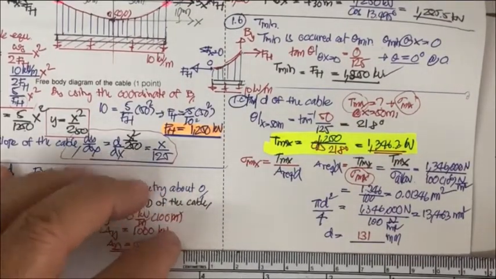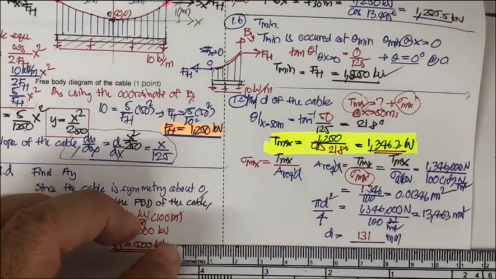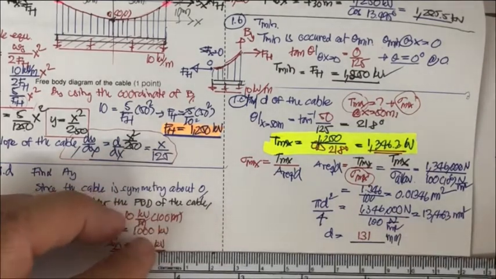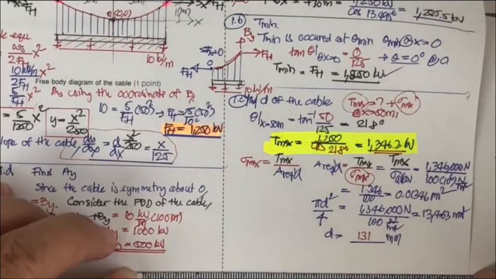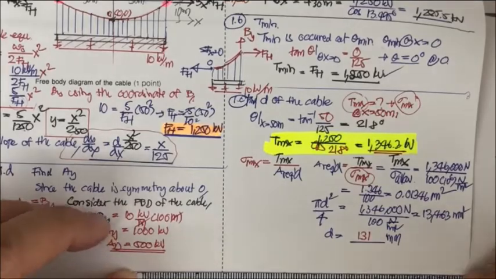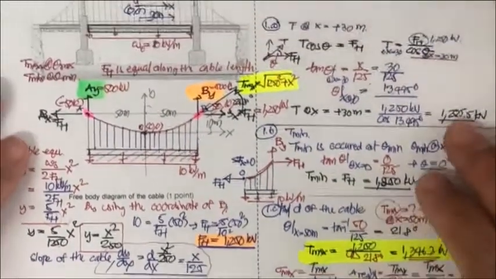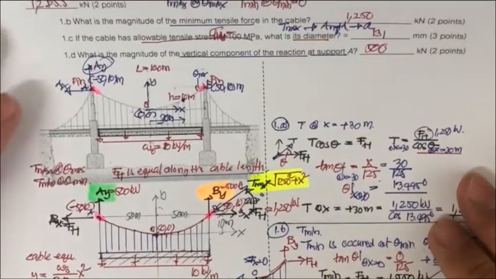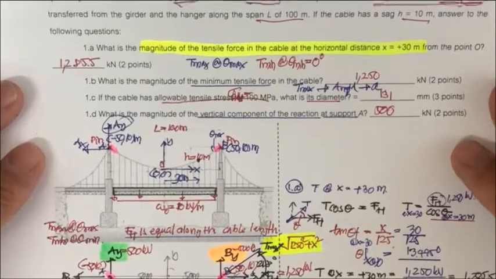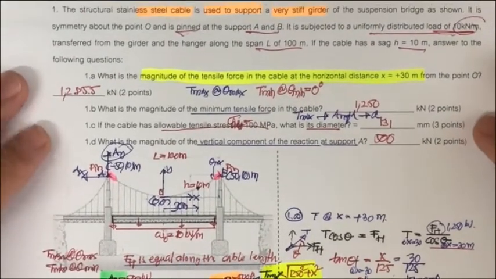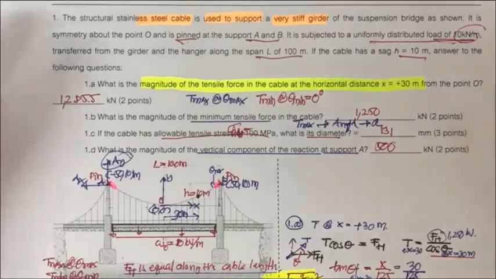The diameter of the cable that we have is pretty big. If you can see, this is 13.1 centimeter, so it's going to be about this size. That is the end of this clip. We studied how to analyze the suspension bridge by using the concept of cable analysis.